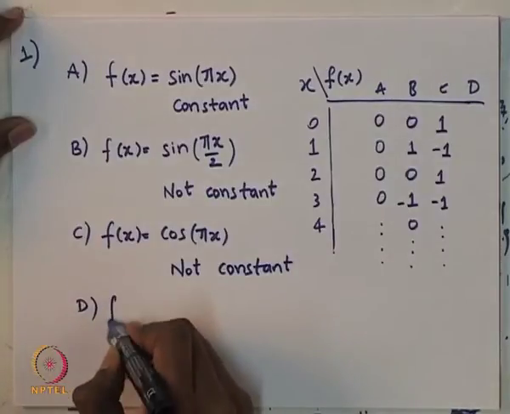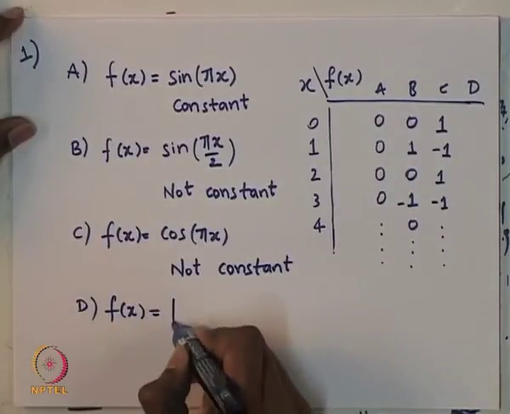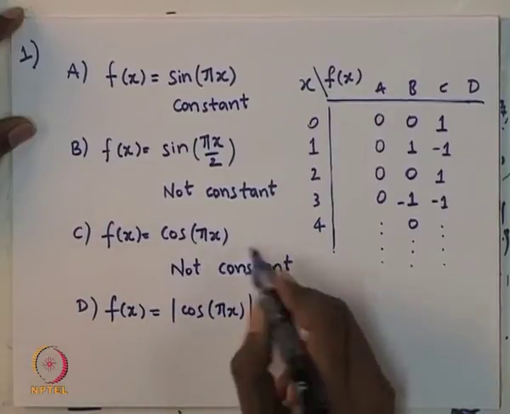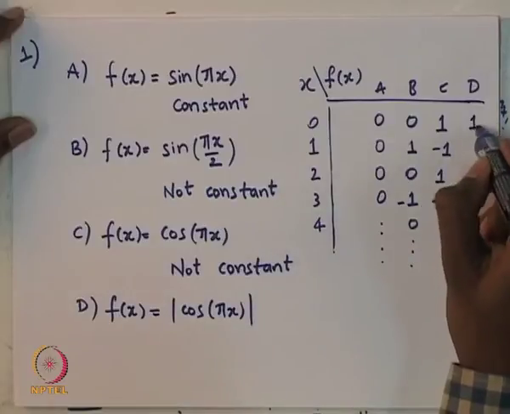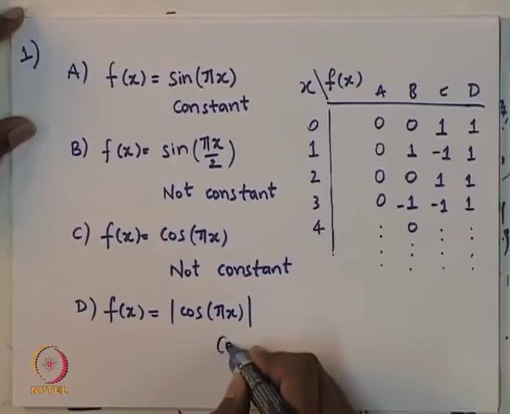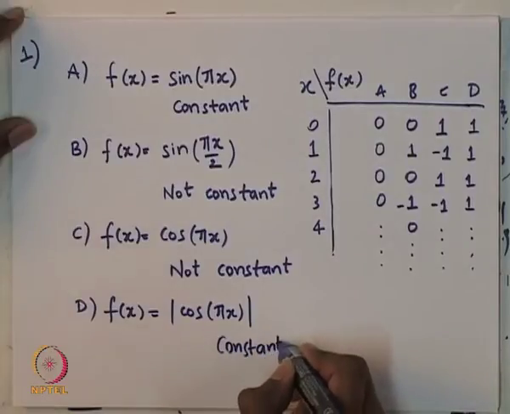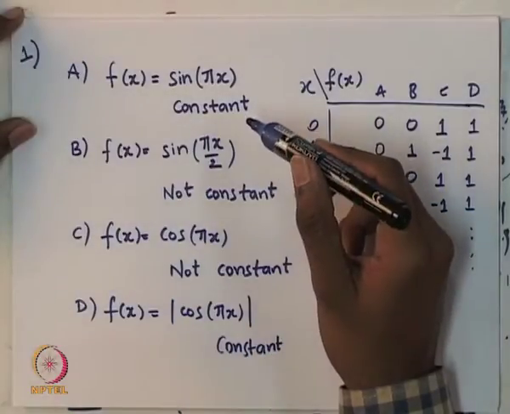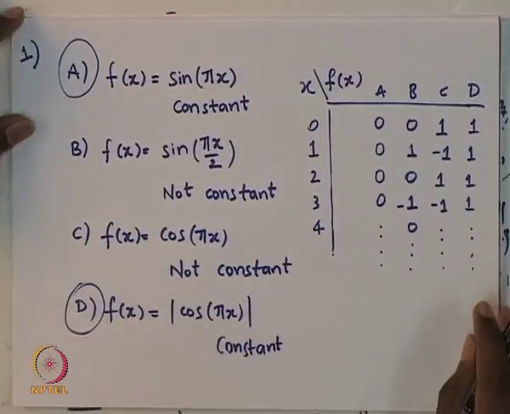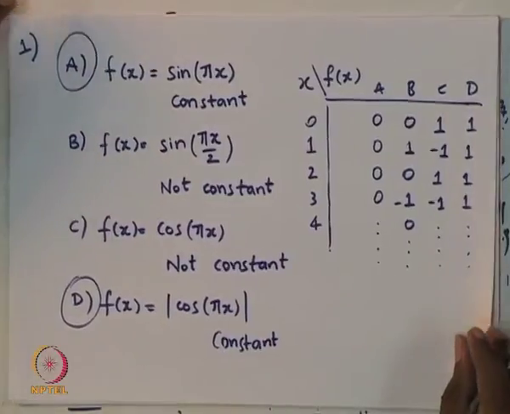Option D is f of x equal to mod cos pi x. It is just the modulus of the previous function, so we have all 1, 1, 1. So this is a constant function. In the question we are asked to find which of the following are constant functions. We see that option A and option D are the correct options for constant function.